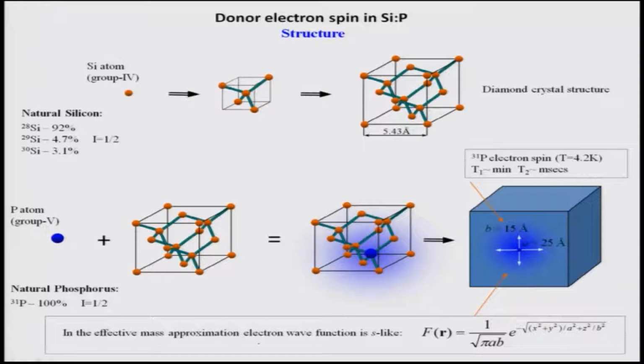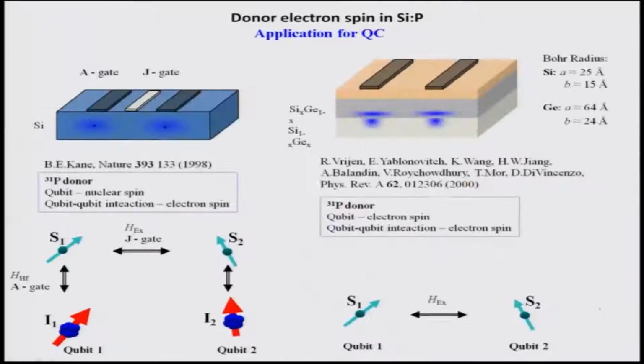So in the effective mass approximation, the electron wave function is S-like, because it is the single electron which is going to be around all the spin-half nuclei, and so it will have a spherical symmetry for the electron wave function that can be utilized.